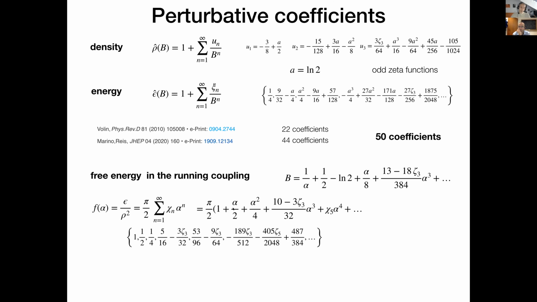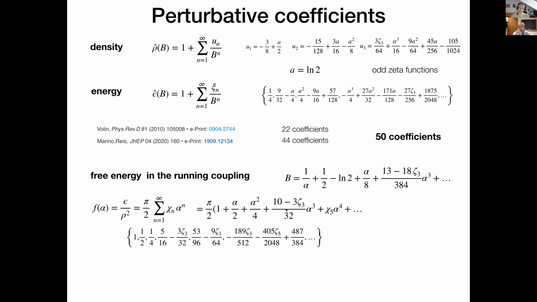And what is a bit surprising is that in the expansion of this free energy density as a function of alpha, this log 2 completely disappeared. So you have only odd zeta functions. But still, it's true that up to an index, you can have zeta functions such that the transcendentality is less than the index of this perturbative term. So we can calculate all these coefficients.